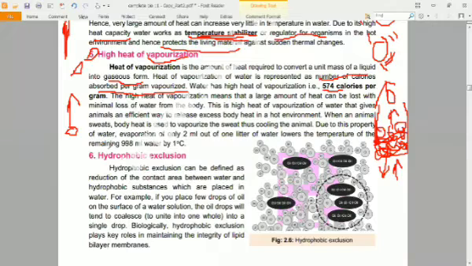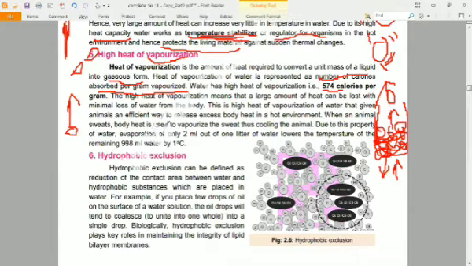Now we are going to see that this property is very important regarding temperature changes in the summer.